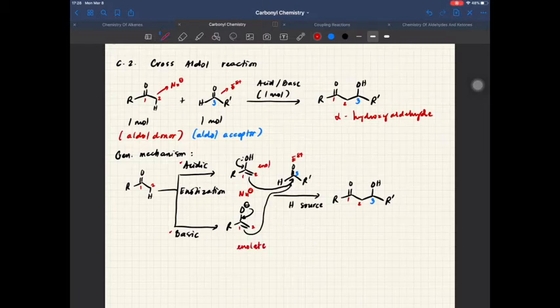So this enol and enolate can act as a nucleophile to react with our electrophile, which is what we call an aldol acceptor. So enol and enolate is an aldol donor, and this one is our aldol acceptor. The product is an alkoxide intermediate, but through the reaction with a hydrogen ion source, the final product is an alpha hydroxy aldehyde or ketone.